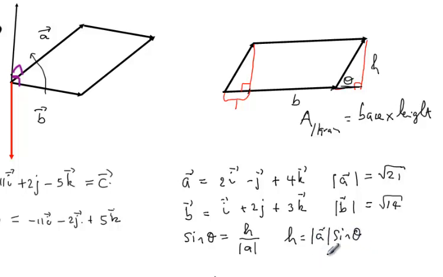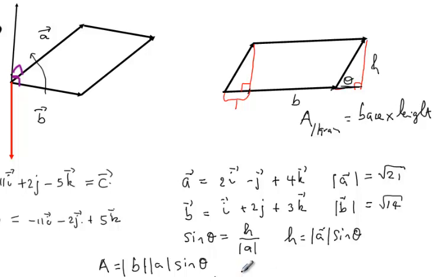Okay. So now what is the area of this parallelogram? The area of that parallelogram will be the absolute value of B multiplied by the absolute value of A times sine theta. Are we together?